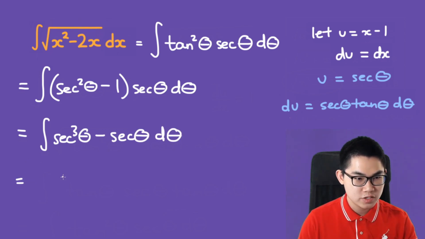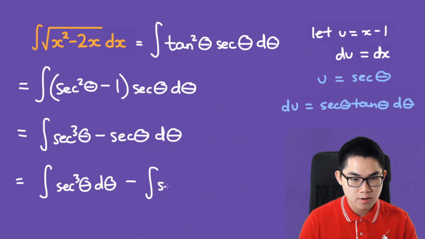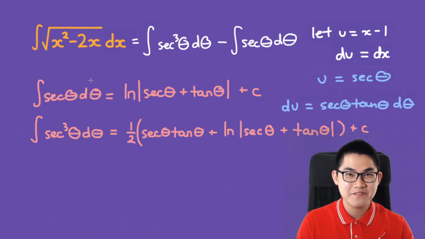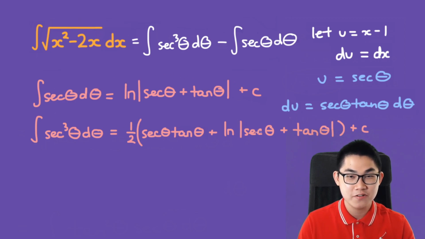The next step is to split the integral apart. So we have secant to the power of 3 d theta minus the integral of secant itself. I've made separate videos to explain the integral of secant and the integral of secant to the power of 3. You can refer to those if you want, but here are the formulas.